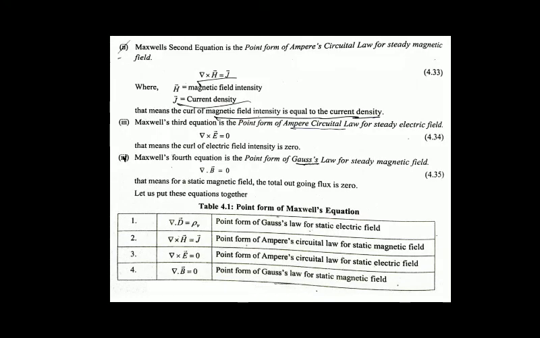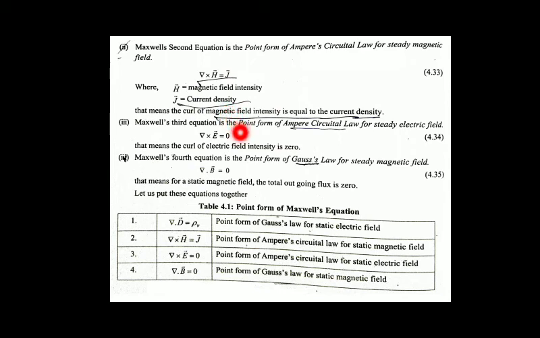Second Maxwell equation represents the point form of Ampere's circuital law for steady magnetic fields. So in that case, basically del cross H equal to J. H is magnetic field intensity and J is current density.